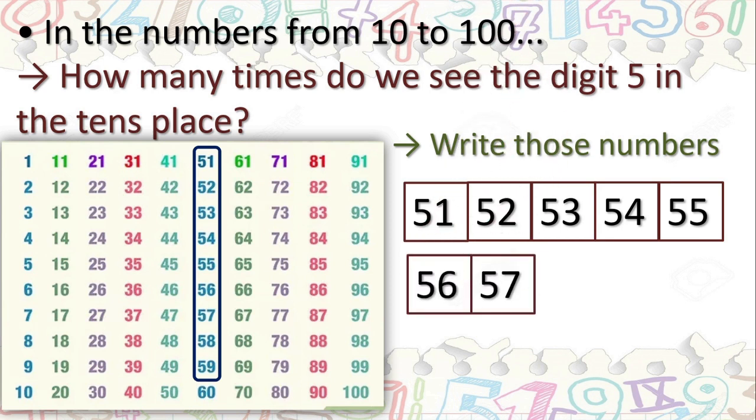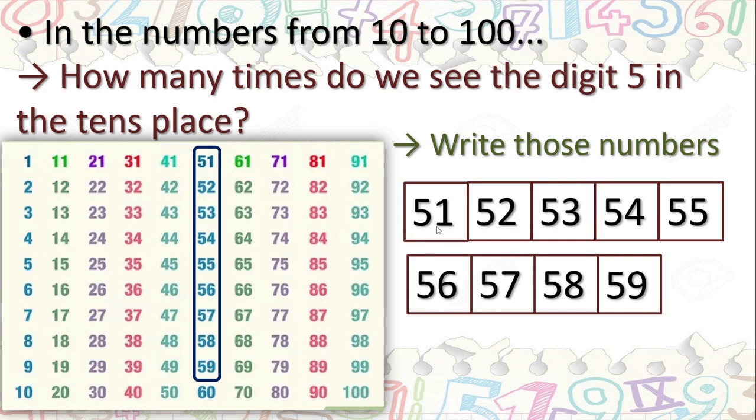See, 51, 52, 53, 54, 55, 56, 57, 58, 59. The next number is 60. But here 6 is there in the tens place, so we can't write this one, right? Here we have written from 51 to 59, and all these numbers have 5 in their tens place.